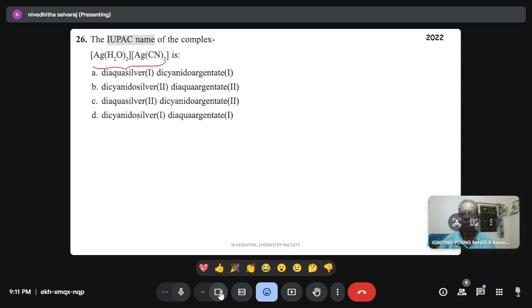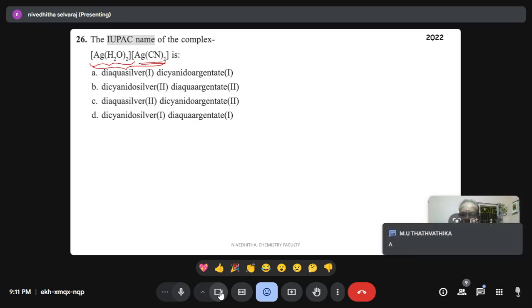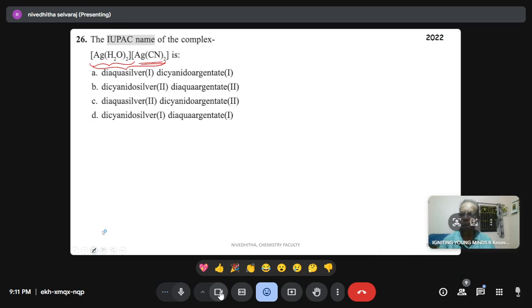Find the IUPAC nomenclature of the given complex. So obviously this is positively charged species and this is negatively charged species. So we have to name the cation first. So what will be the right answer? Option A, ma'am. Option C, ma'am.